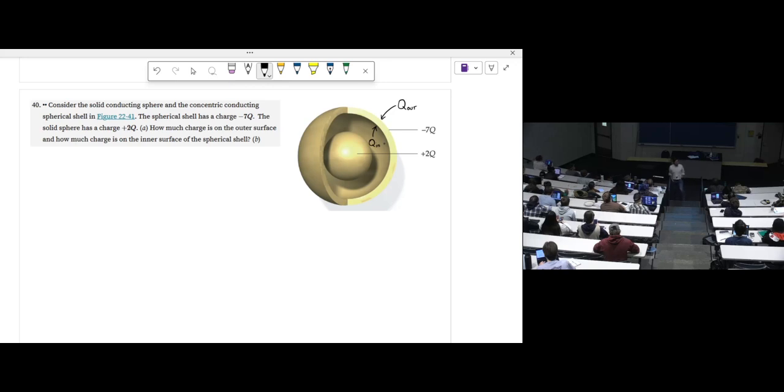But we just said that charge has to lie on the surface, not that it has to lie on the outer surface. It just has to lie on a surface. So how in the world do we calculate how much charge is on the inner and outer wall of this shell, respectively?